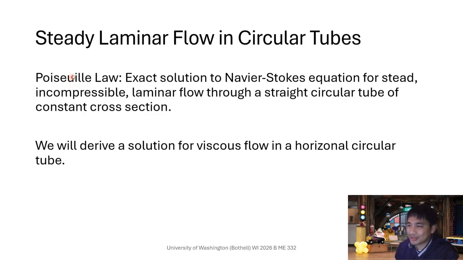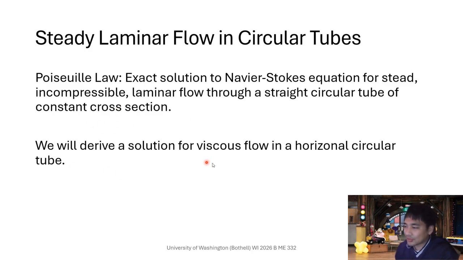I forgot his history, but he's a famous engineer or mathematician, and you'll see Bothell's law in a second. It's essentially an exact solution to the Navier-Stokes equation for steady, incompressible laminar flow through a straight circular tube of constant cross-section, which we will see here.